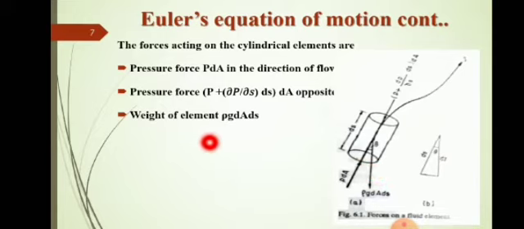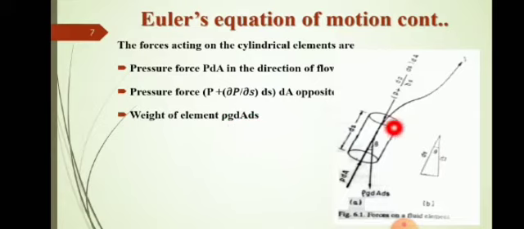Now what is the third force? It is the weight of the fluid element, or the force due to gravity. How will you get the weight? We know that density is mass by volume, so mass is equal to density into volume, and weight will be density into volume into g. Here rho is the density, multiplied by g, and then multiplied by the volume.